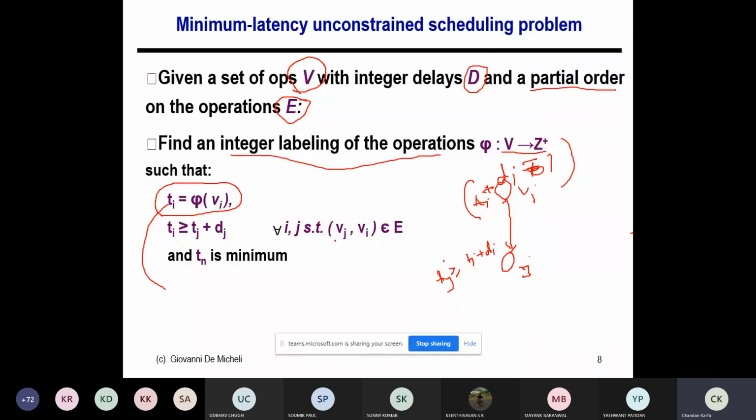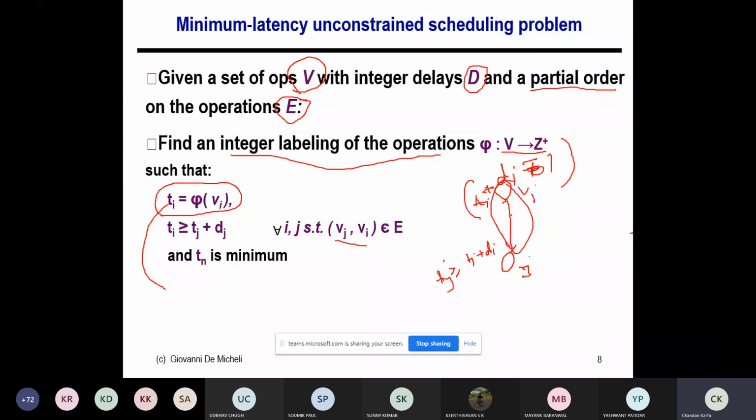Here the edge is considered from vj to vi, but I just explained with vi to vj. Basically, I can assign any time step ti to this node and tj to this node, but I have to make sure tj is large enough that this operation finishes execution.